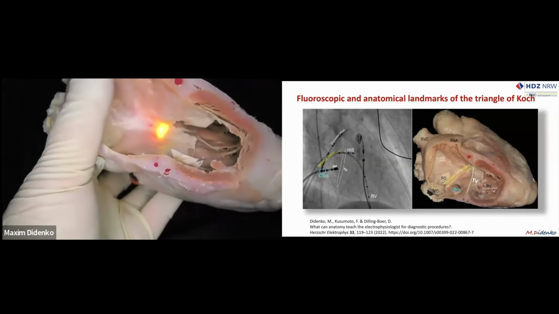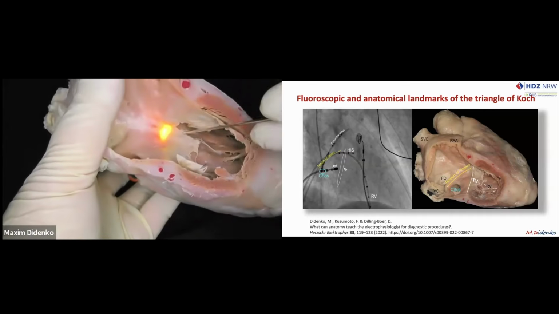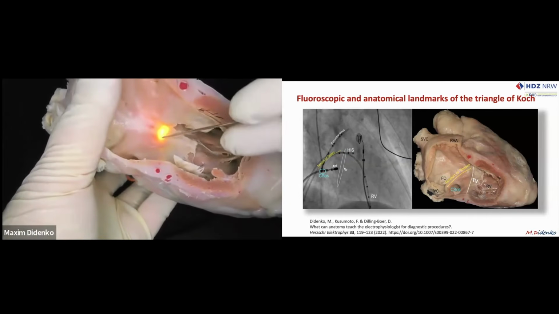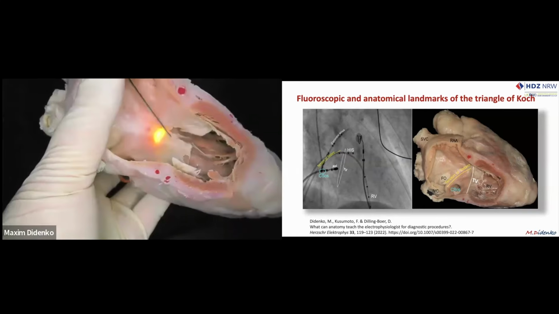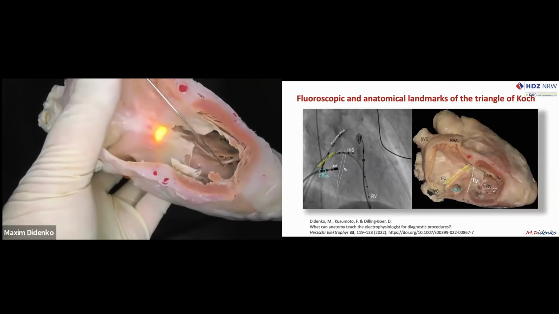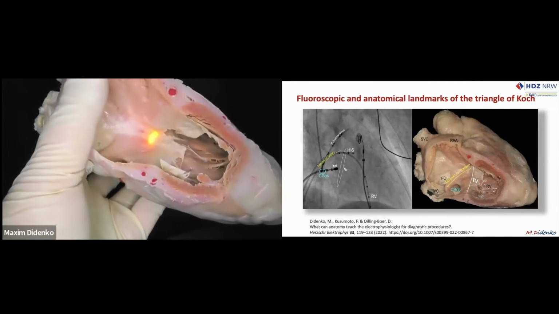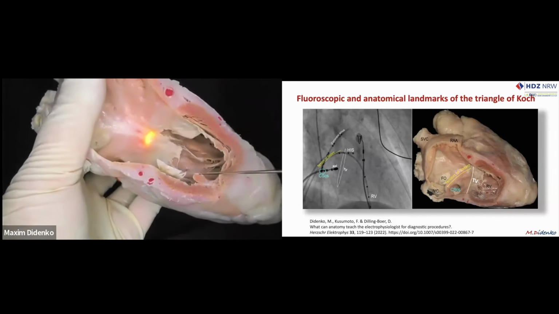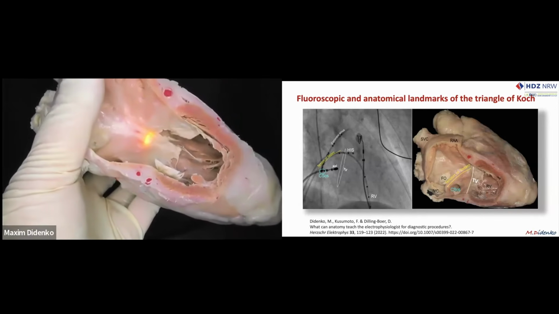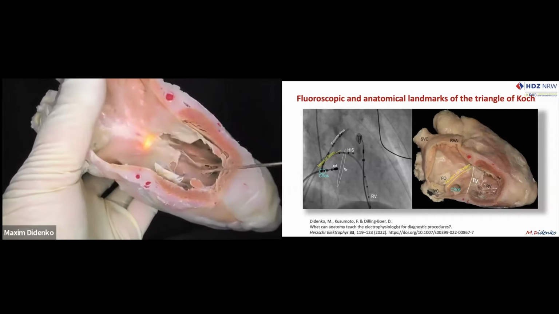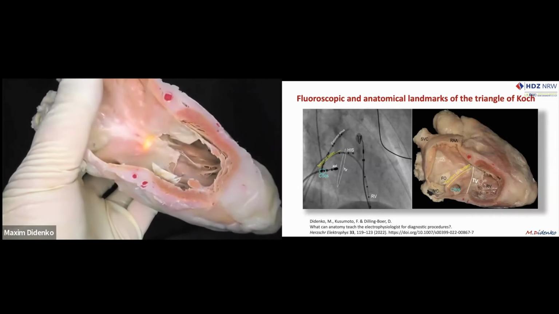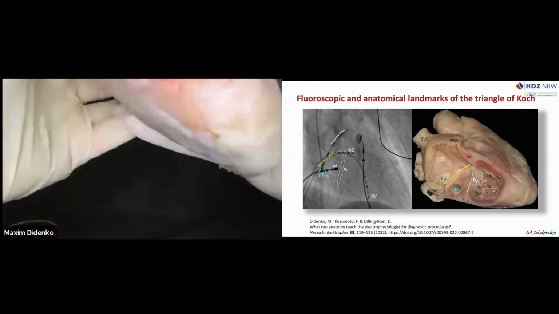It's interesting that the right bundle and the left bundle are directed anteriorly but inferiorly. So there is this angulation in the His bundle compared to the left and right bundles. So this is also interesting.